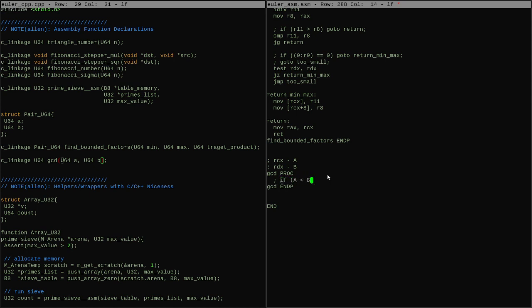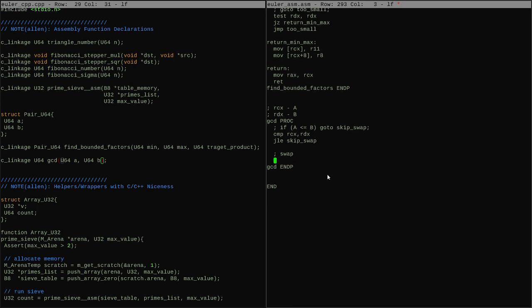So if A is less than B, go to skip swap. Compare RCX with RDX, jump less than or equal to skip swap. Swap: so we'll put RDX into R8, then we'll put RCX into RDX, and then we'll finally put R8 into RCX.